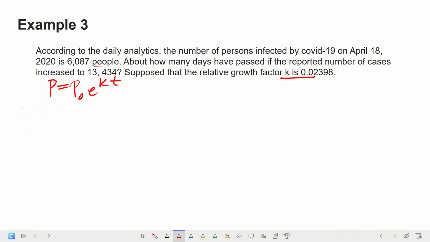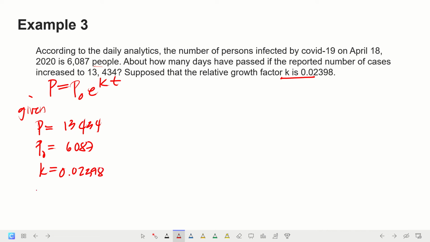So, what are the given? We have our future value, which is 13,434, our initial value, which is 6,087, our K, which is 0.02398, our constant e, which is about 2.718, and we don't know the value of our time.